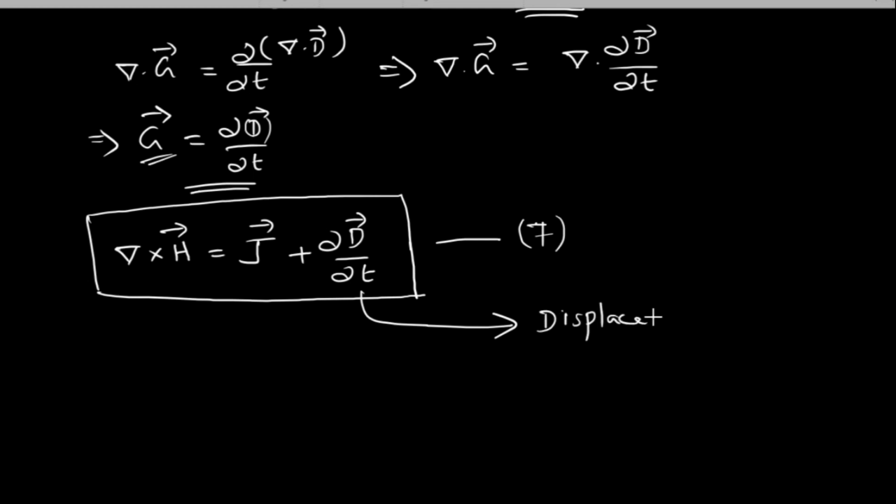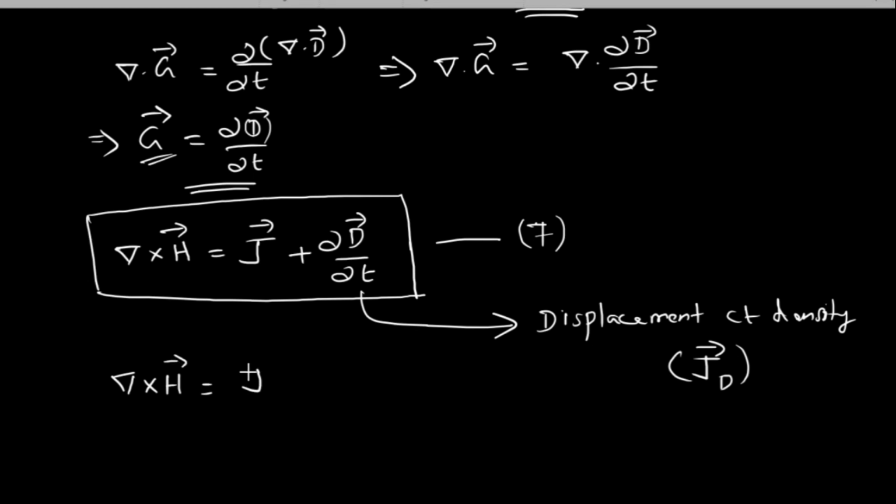We can usually denote it by the vector J_D. J vector is the normal current density, and J_D vector is the displacement current density, so you can represent this equation as J plus J_D also. Our equation number 7 will still hold good, but it is better to know this too, because that unknown term G vector was later known to be the displacement current density.